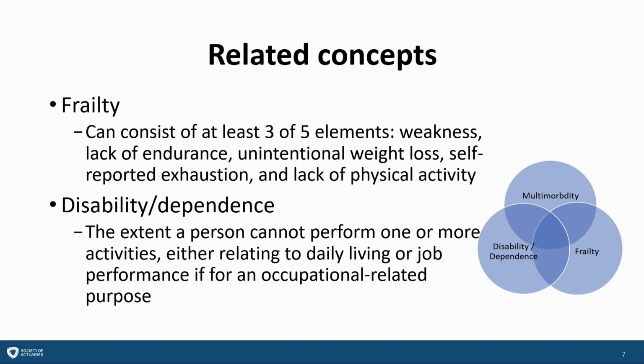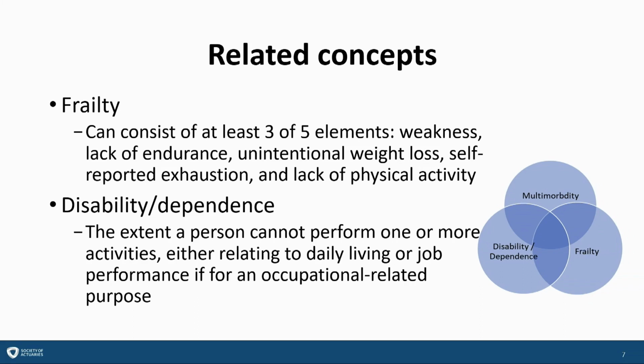But when you get to looking at that ill health expectancy, there's several related concepts that you have to recognize. First is what I've just gone over, which is having multimorbidities. The second one is frailty. The definition of frailty usually consists of 5 different elements, and I won't go into detail because I don't have time here, but we have a physical weakness, a lack of endurance, an unintentional weight loss, self-reported exhaustion.